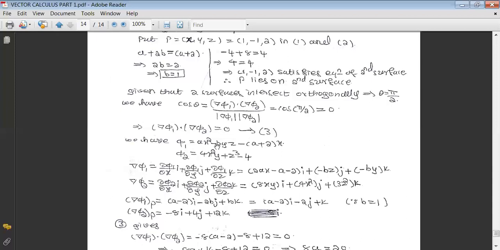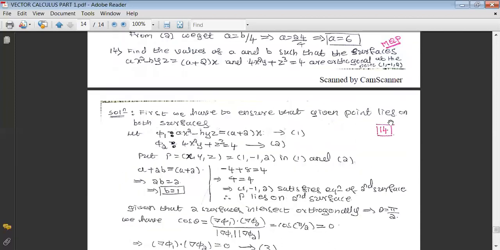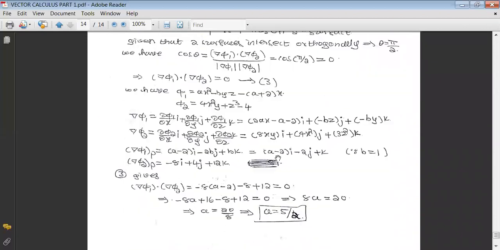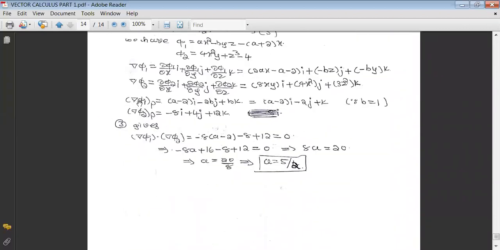In the same fashion, for the second surface, we get 8xy into i, plus 4x square into j, plus 3z square into k. Now we evaluate these del pi 1 and del pi 2 at the given point. What is the point? The point is (1, -1, 2), meaning these are the values of x, y, z. If we compute del pi 1 at the point P, we get (a minus 2) into i minus 2j plus k.